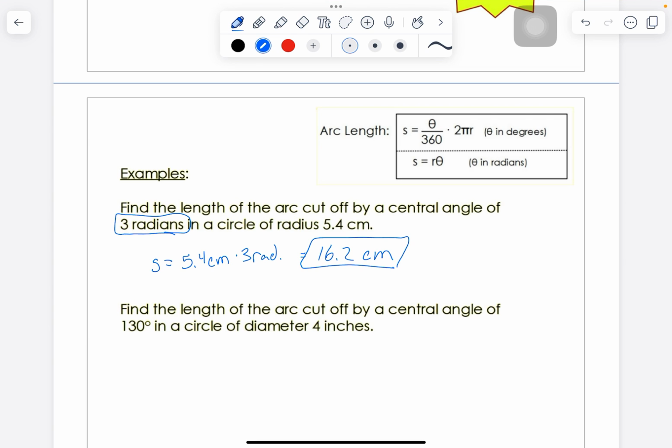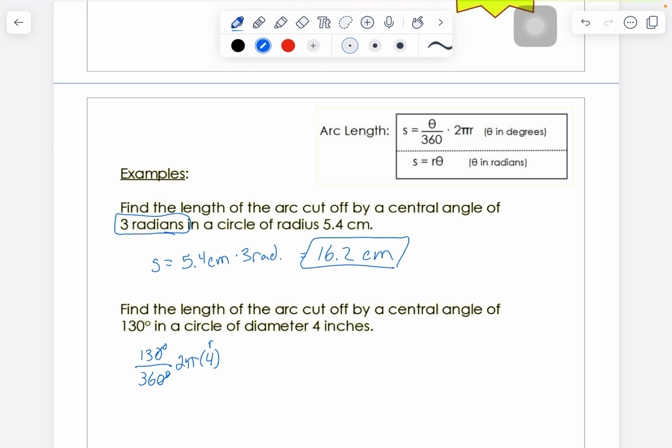Okay, if we're going to find the arc length and the central angle is given in degrees, we'll take 130 degrees divided by 360 degrees, and we'll take it times 2 pi times the 4 for the radius of that circle. So a little bit of reducing.